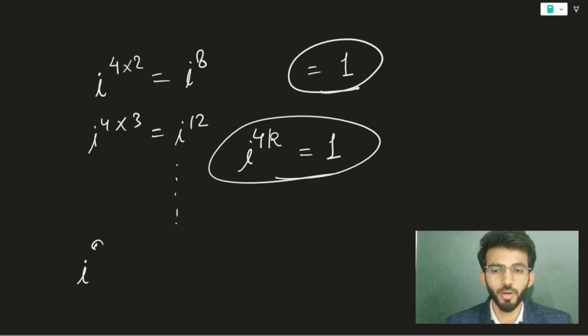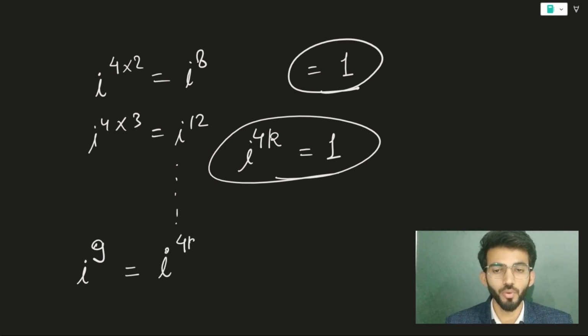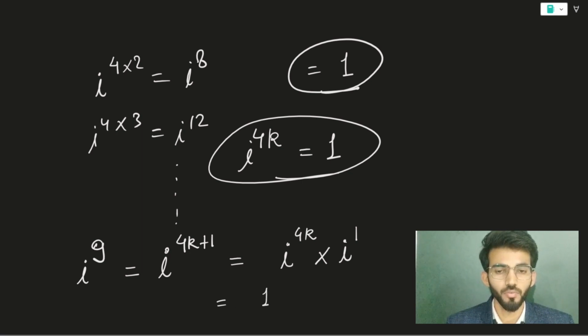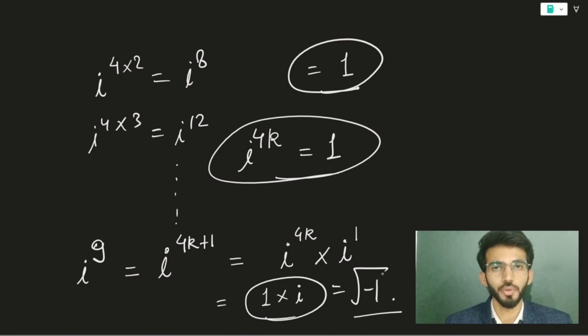Let's assume the power is 9. So we can write i to the power 9 as i to the power 4k plus 1, right? So i to the power 4k into i to the power 1, that is 1 into i, that is the square root of minus 1, or we can say iota.